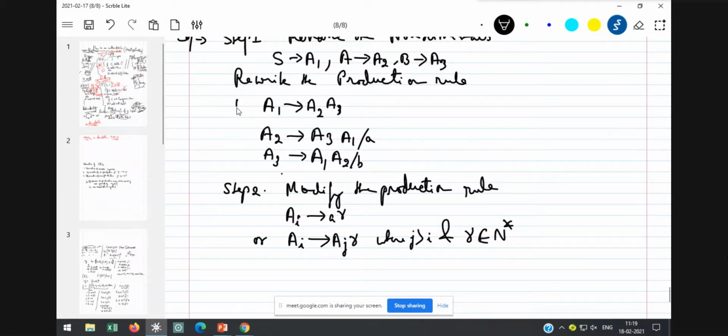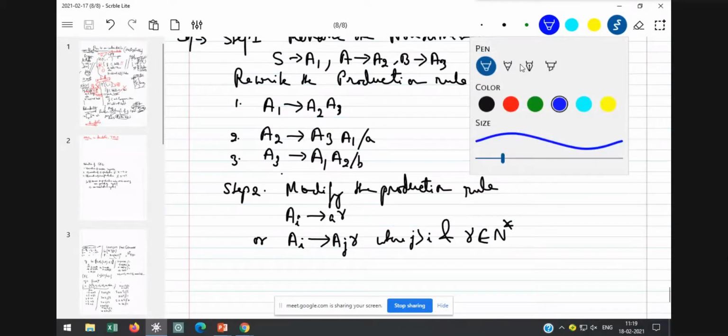What we are going to do is, let me number this one: 1, 2, 3. While renaming the non-terminals, I told that these suffixes are very important. This A1, A2, A3 are very important. Now, we are going to modify these production rules, but how? The modification should be in this format, where j should be greater than i.